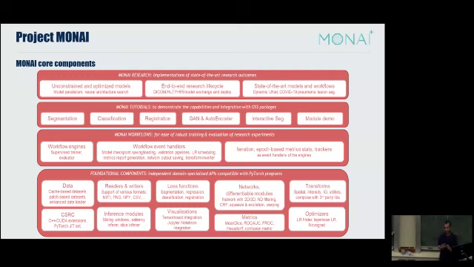And then we've added a lot of tutorials and documentation of the state-of-the-art algorithms: how to use them, when to use them, what the expectations are, how to get started with any of these approaches. And then at the top, once we've got all of that, you can create what we refer to as a MONAI bundle, so that you've got your application completely containerized, and then it's a lot easier to deploy.